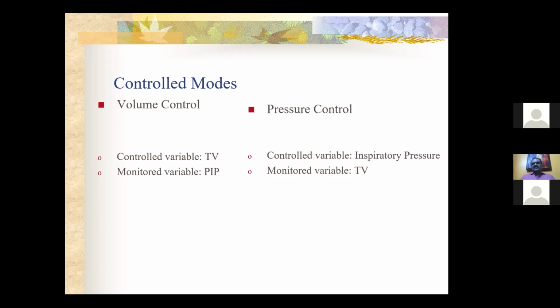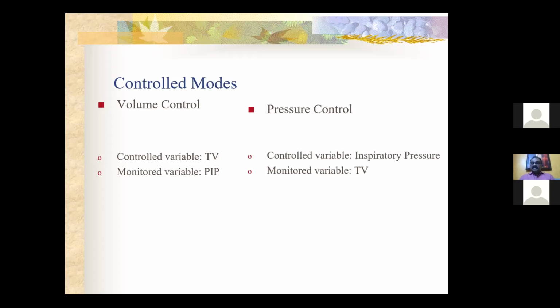We'll come to how you're going to select the tidal volume later. The difference in the settings is basically the control variable: in volume control it will be the tidal volume, and in pressure control it will be the inspiratory pressure.